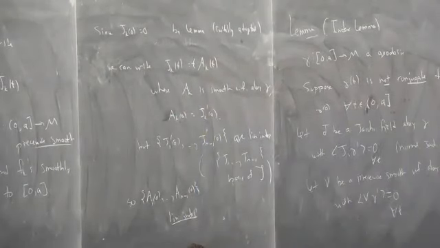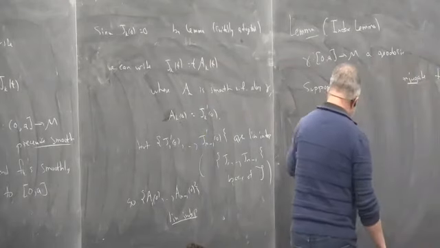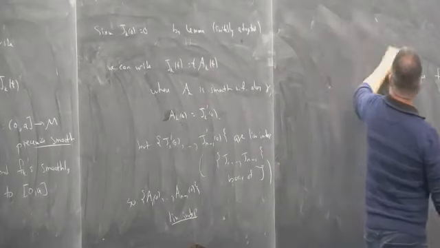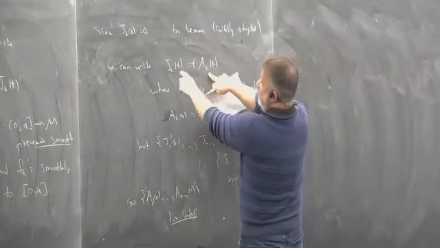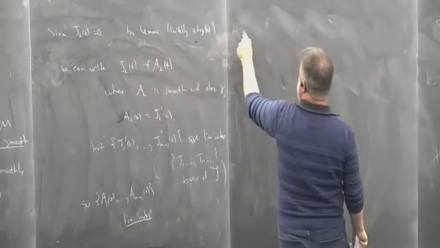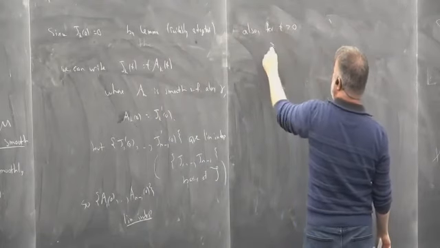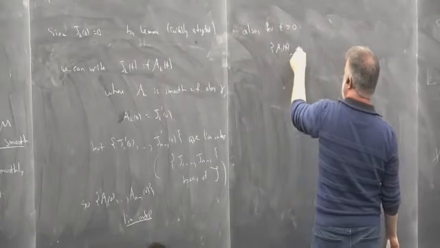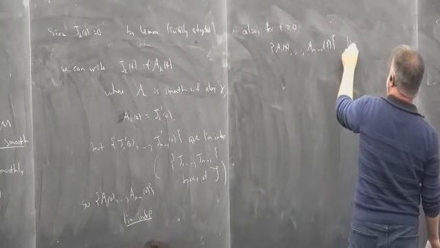But it's also true, unfortunately I have to erase the lemma, it's also true at other times T, because at positive times, the A's are just a positive multiple of the J's, and those are linearly independent. So also for T positive, A1 of T up to A(n-1) of T are linearly independent.